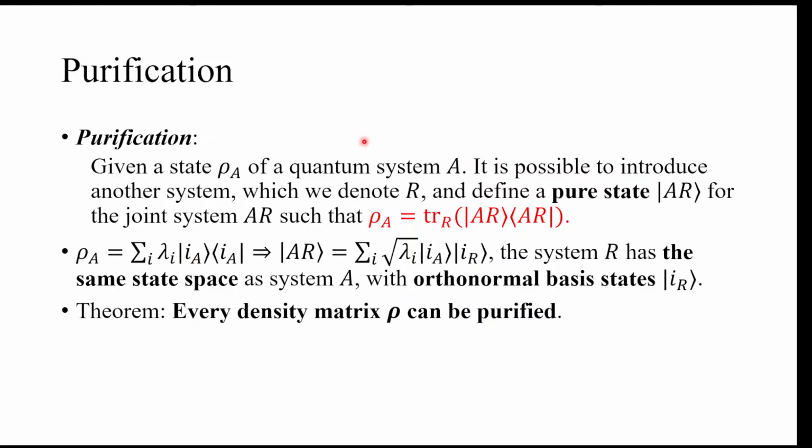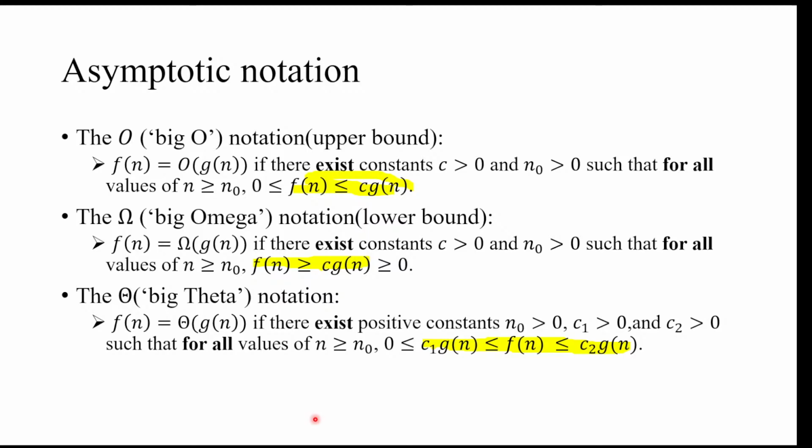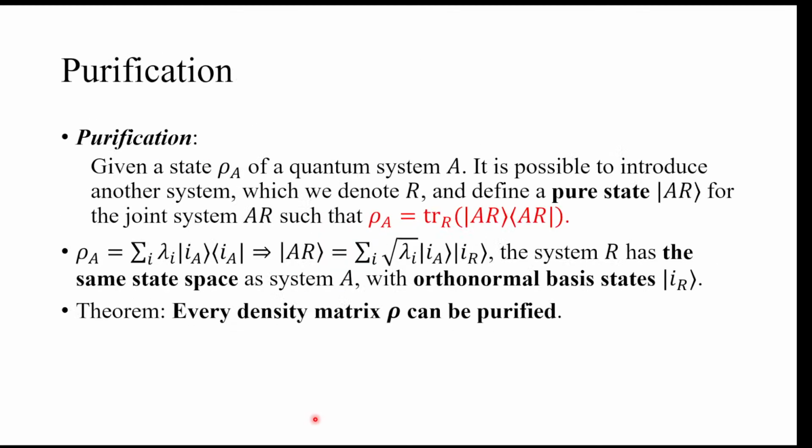This operation says that whenever we have a density matrix rho A, we can find another system R and a pure state AR such that if you do partial trace on R, then this AR becomes your density matrix rho A. There's a theorem that says every density matrix rho can be purified. And I guess I should put the total conclusion slide here, but it's not here.